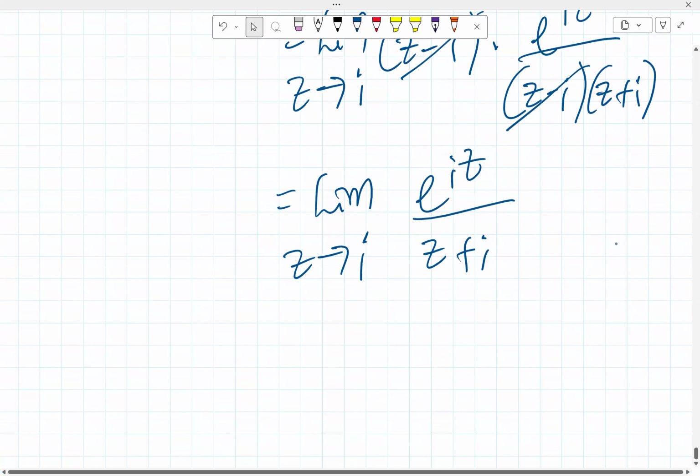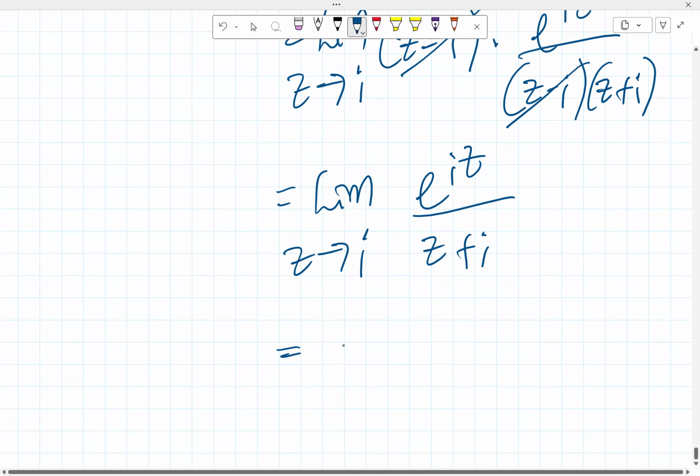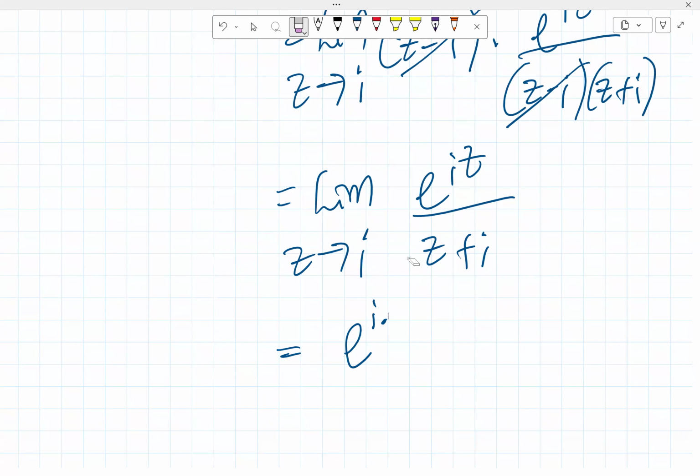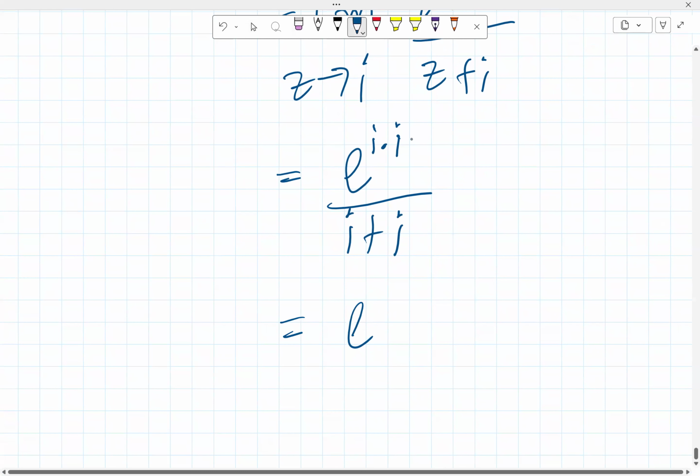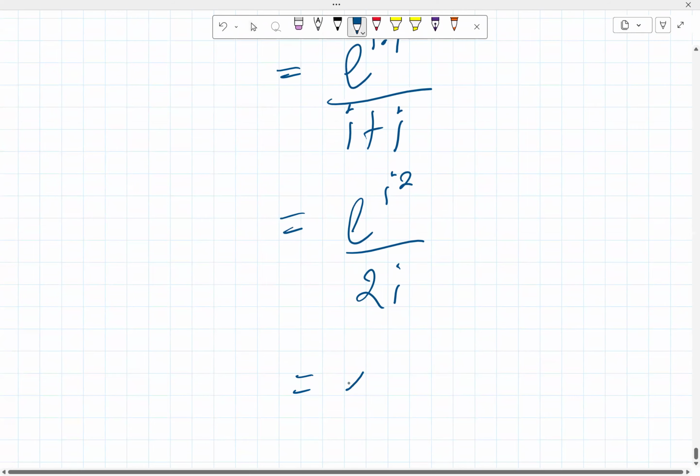Then you can fix up the i. We have e raised power i multiplied by i, because z is i now, all over i plus i. So that is e raised power i squared all over 2i, and e raised power i squared is e raised power minus 1.